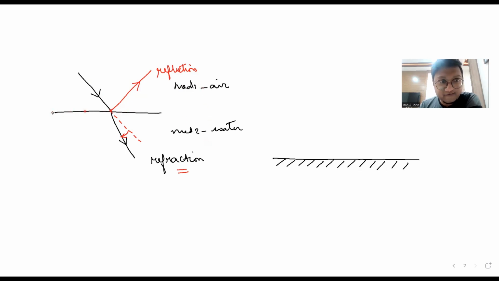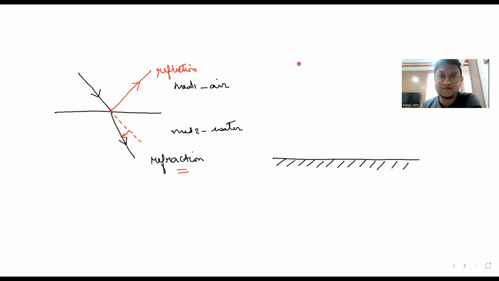But because the surface is not highly polished, a large part of the light ray would have got refracted. It would have entered the second medium. And only a small part of the light ray would have bounced back or got reflected. Now, if the surface is highly polished, then the refraction will be minimum and maximum amount of light will be reflected back into the same medium.